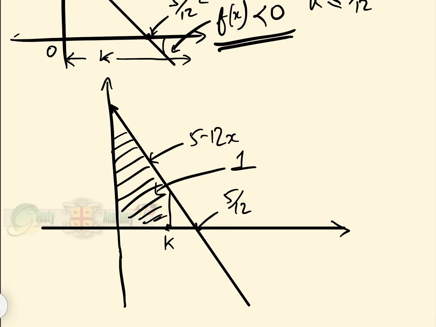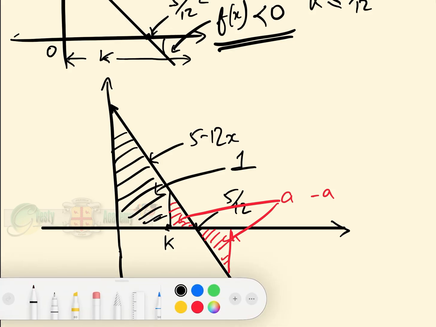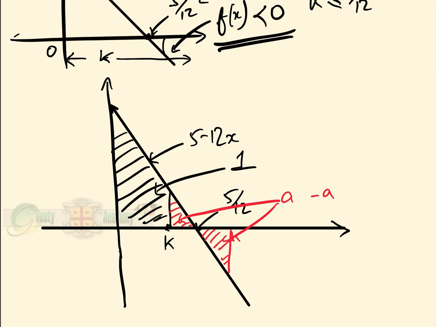But let's have a look. Let's put this in another colour for a second. If we had a k here, then this area here and this area here, whatever they are, let's call those areas A and minus A. The integral of our probability density function is also going to give us this answer for k, because the integral at this point for k is still going to be 1.